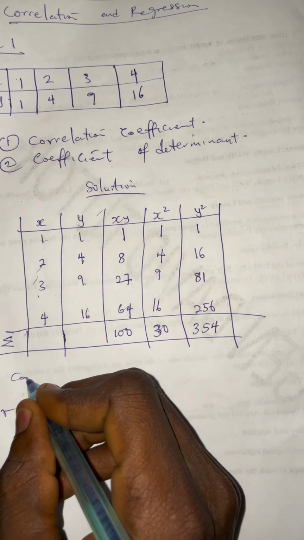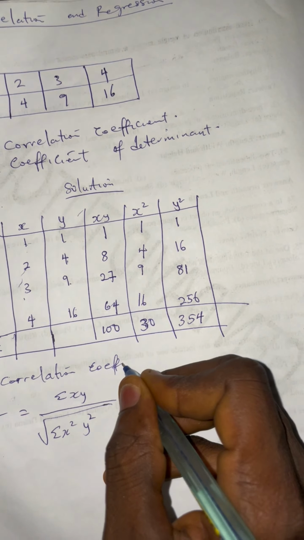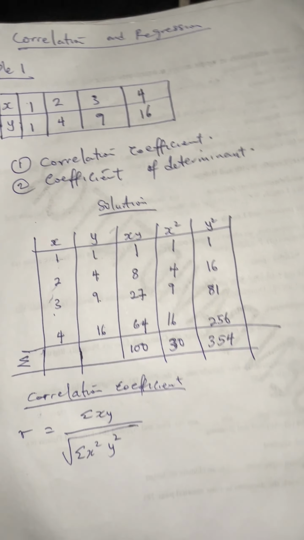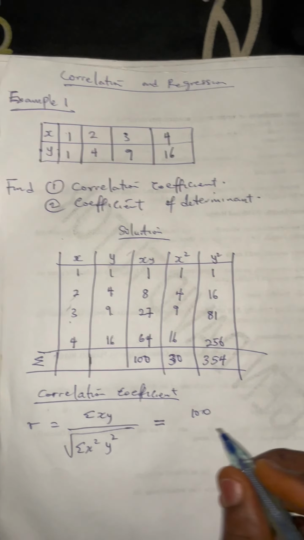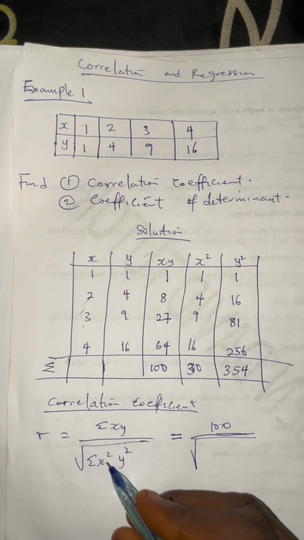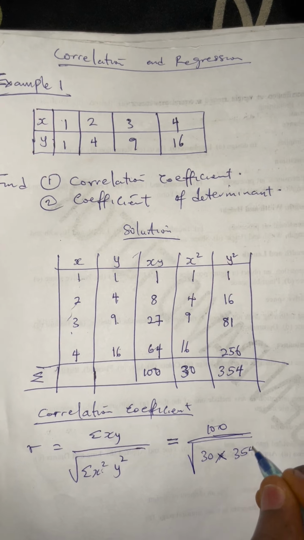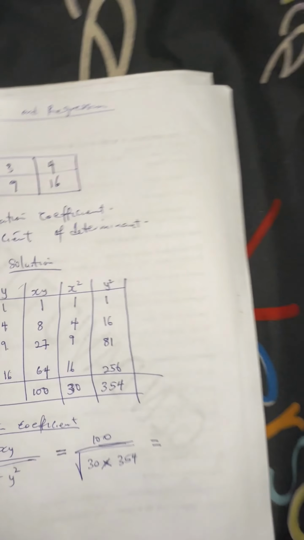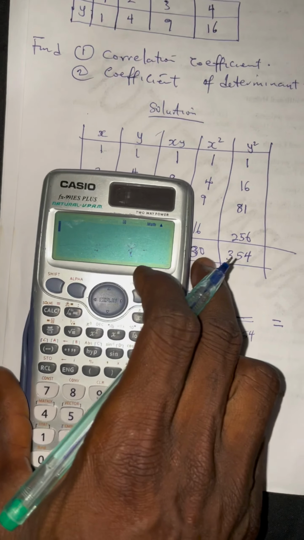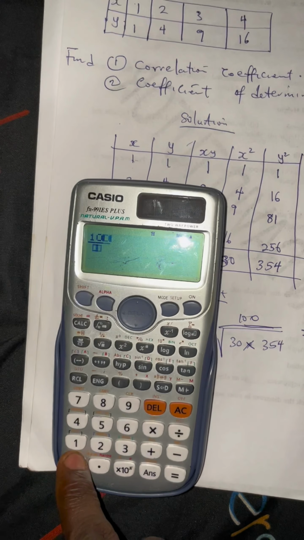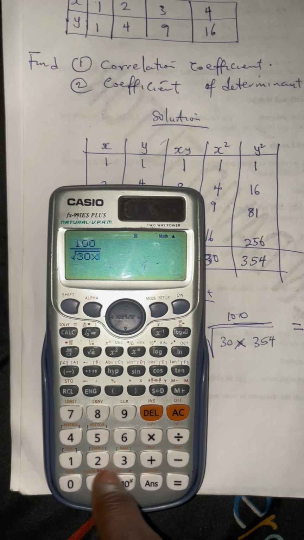So the correlation coefficient of this type of question will now use this formula. I have summation xy, which is 100, all over square root of x squared, that's 30, multiplied by y squared, that's 354. Now let us press this on the calculator. We have the fraction button here, then 100 all over square root of 30 multiplied by 354.